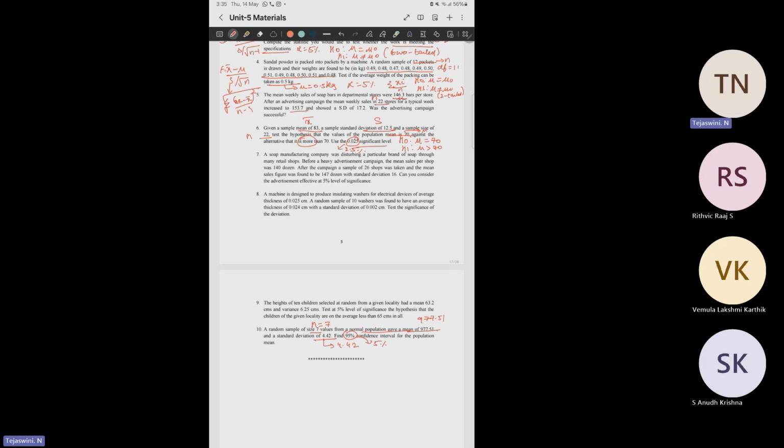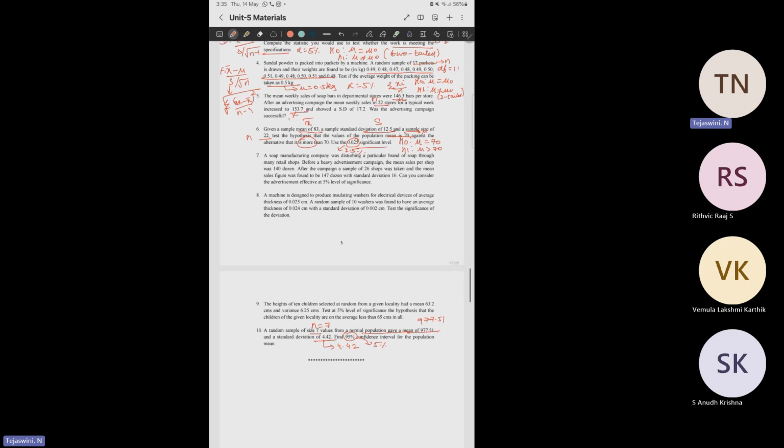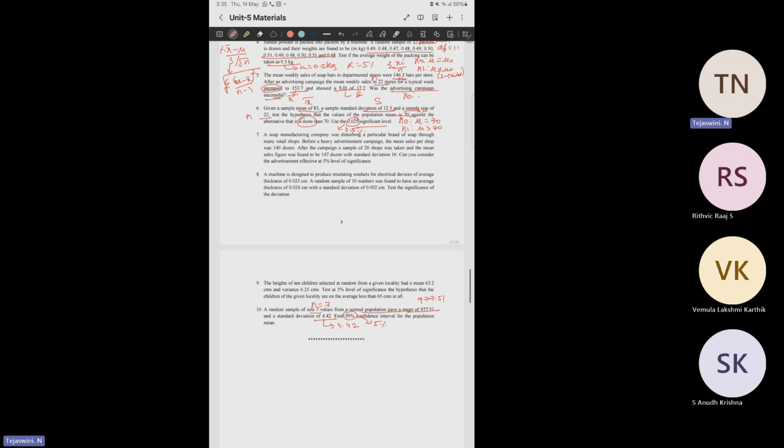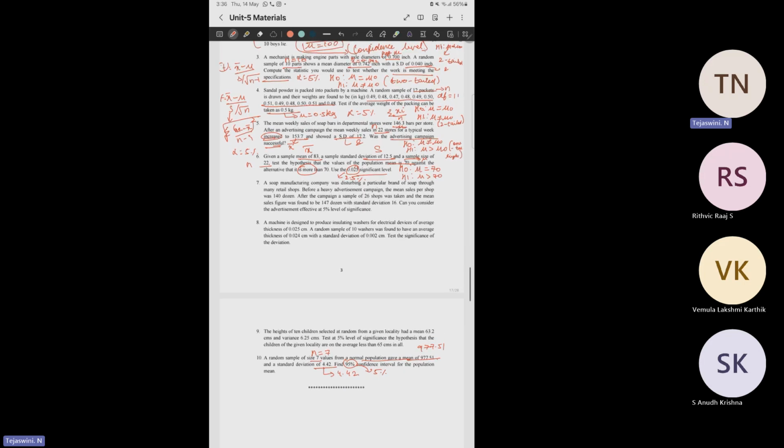The sample mean x bar is given to us, and the standard deviation small s is given to us. We'll have to check if there is an increase, because the advertising campaign being successful means an increase basically. So H naught will be mu is equal to mu naught, H1 will be mu is greater than mu naught, one tail, right tail, and the level of significance is 5%. Since everything is given to us, we can substitute in this formula and we can get the value of t.